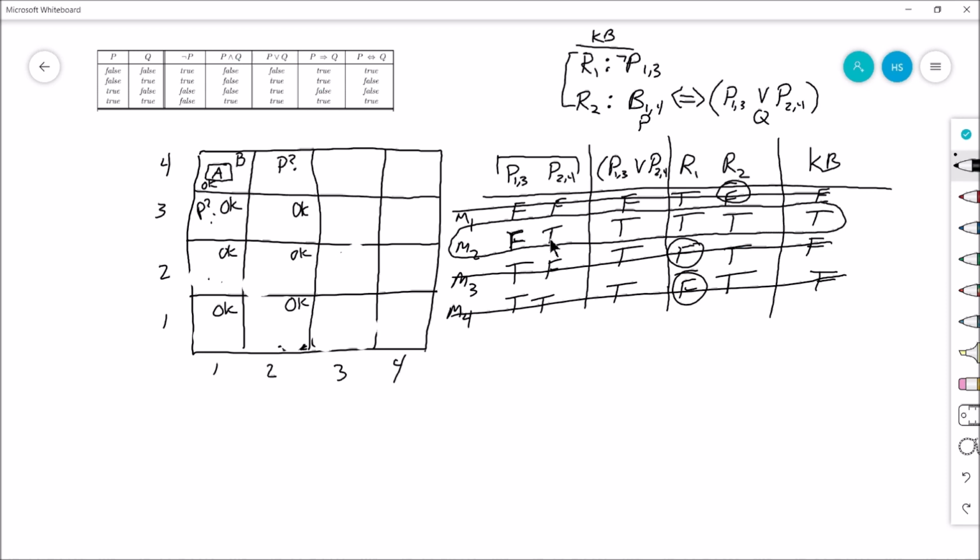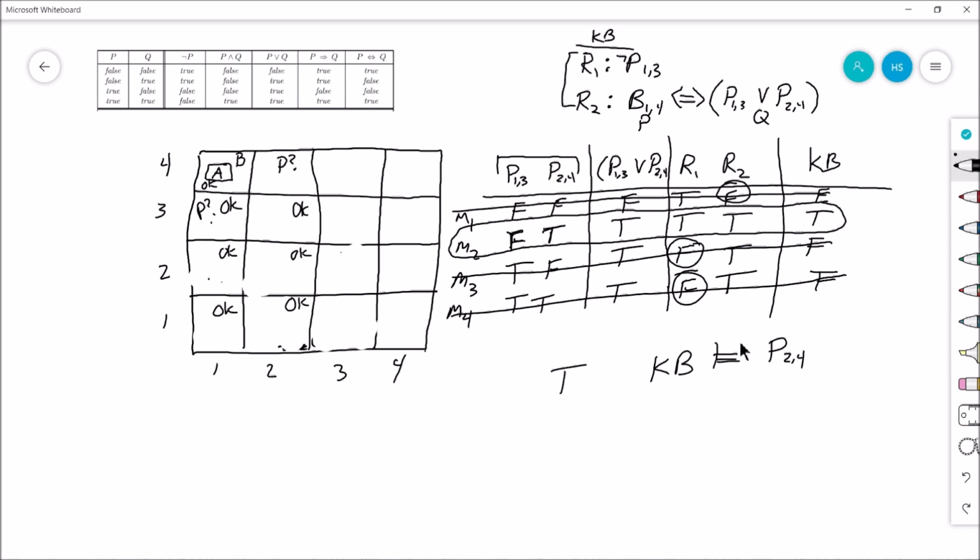Now, what's the only other possible pit we have here in 2-4? And so that's true, right? So we can definitively say, based off of our algorithm here, that our knowledge base entails that there is a pit in 2-4, right?